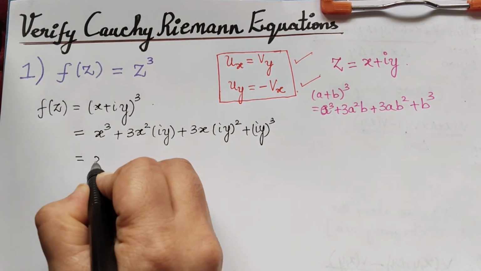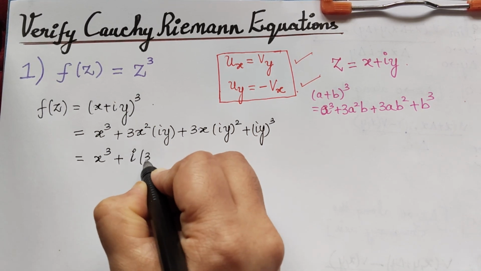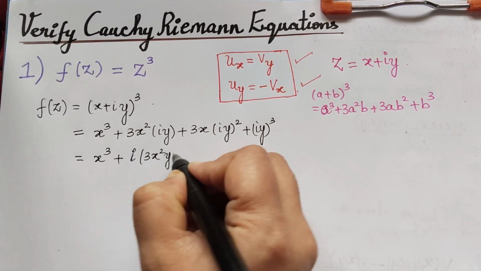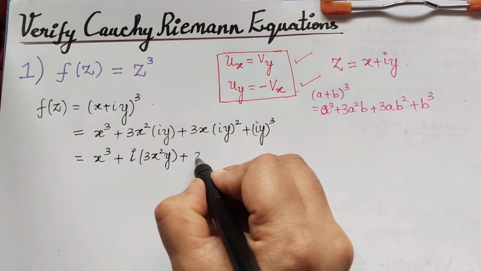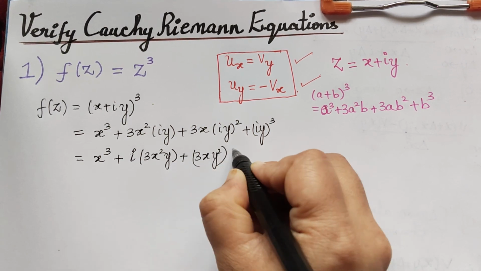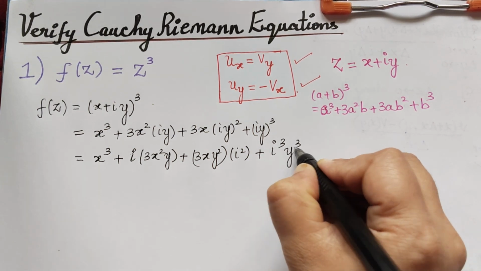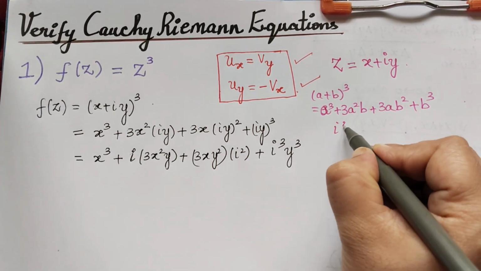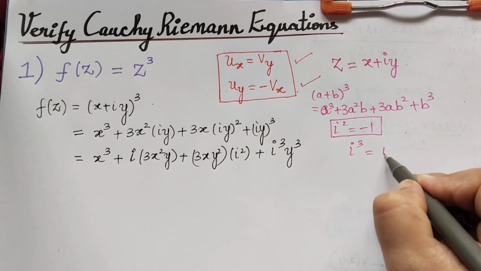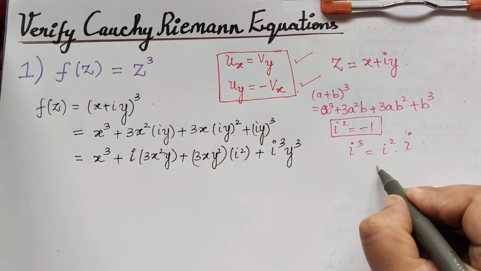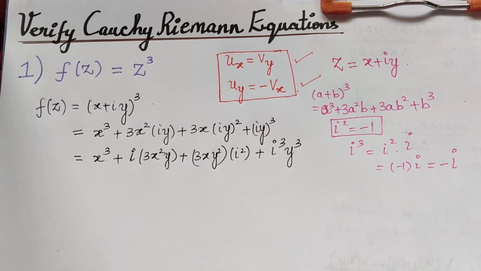Now this is equal to x cube plus i times 3x square y, and here it will be i square, that is 3xy square multiplied with i square, and then plus i cube y cube. Now what is the value of i square? i square is equal to -1. And what about i cube? It can be written as i square multiplied with i, which is equal to -1 multiplied with i, that's equal to minus i. So we shall write that here.